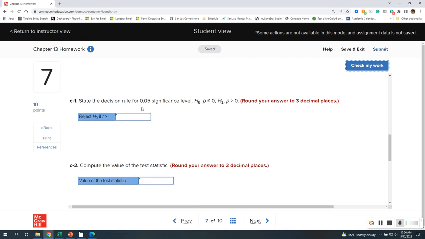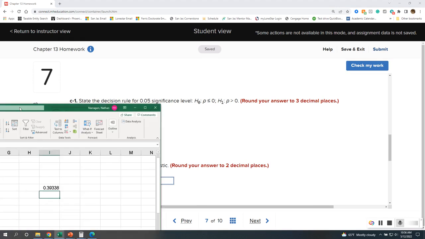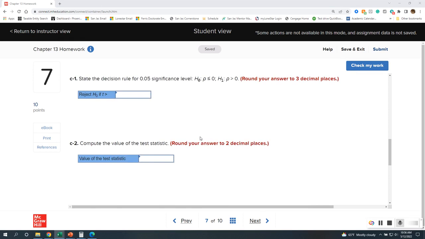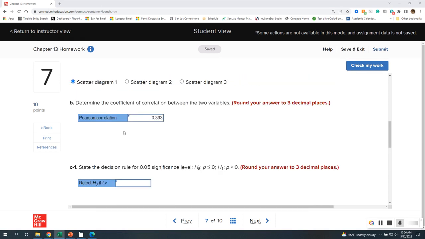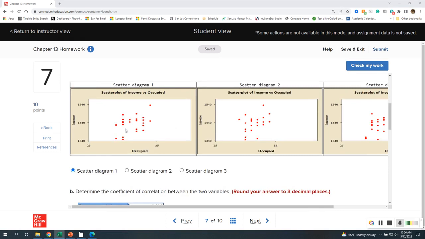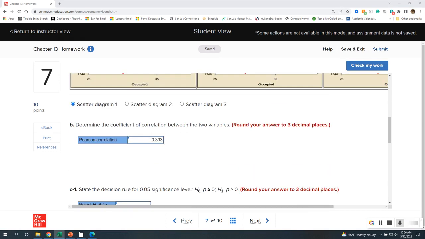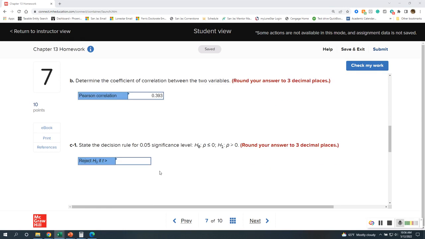Next, we're going to state the decision rule for 0.05 significant level. So again, we have 25 minus 2 will make our degrees of freedom 23. Again, I can tell it's a one-tail by the greater and less than, since it already gave us to us.